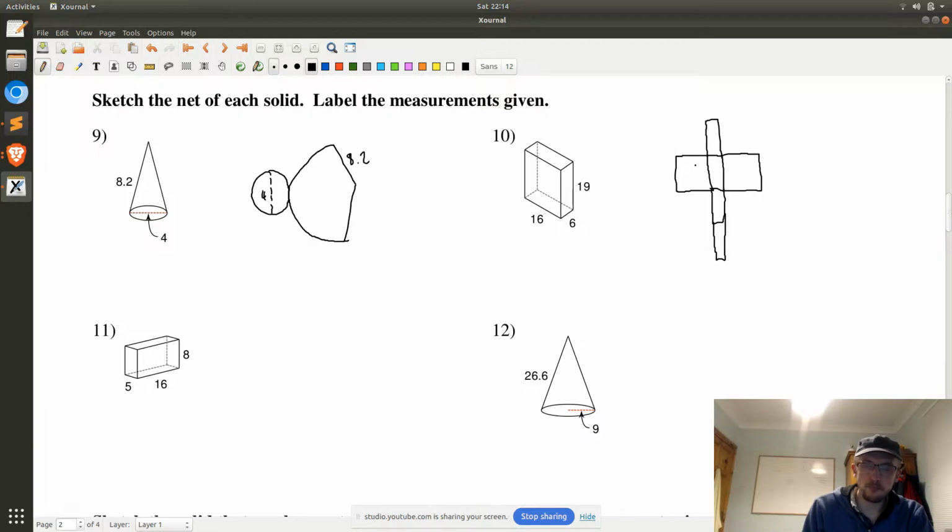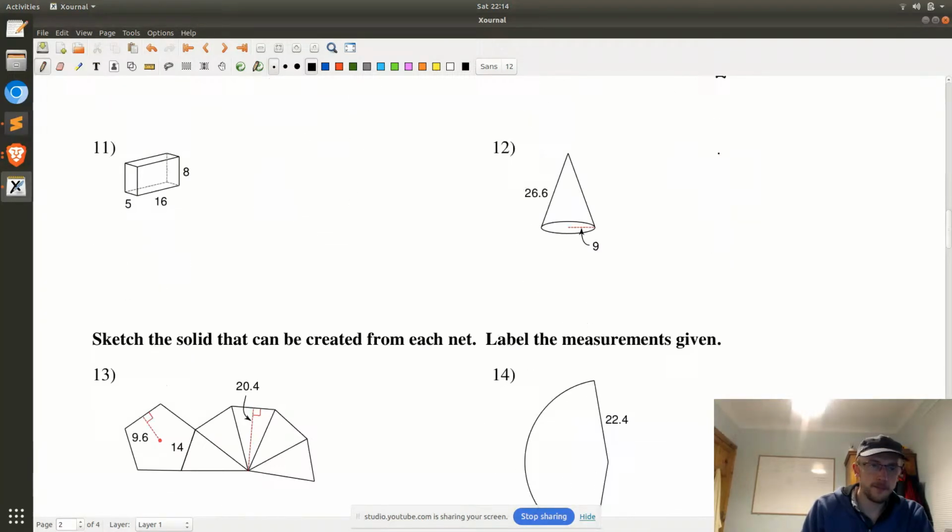And 16, 19, 6. Likewise here. And 16, 8, and 5.